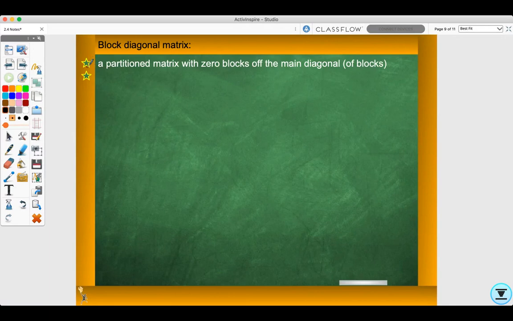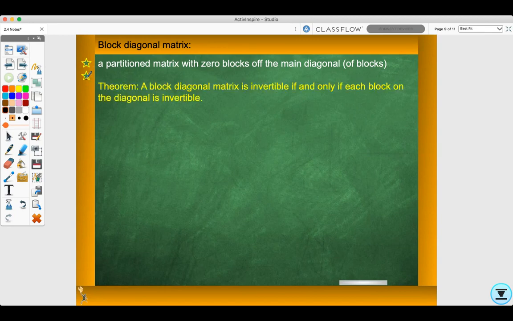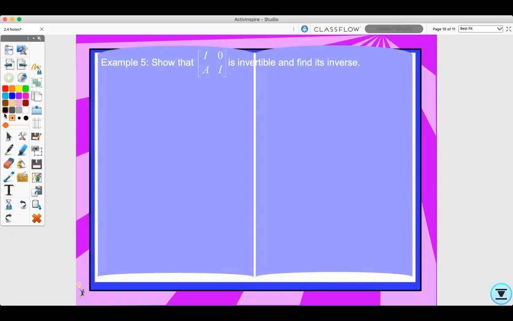Block diagonal matrix: a partitioned matrix with 0 blocks off the main diagonal of blocks. The theorem being a block diagonal matrix is invertible if and only if each block on the diagonal is invertible. Show that the matrix I, 0, A, I is invertible and find its inverse.